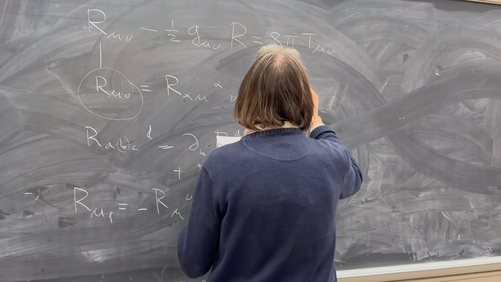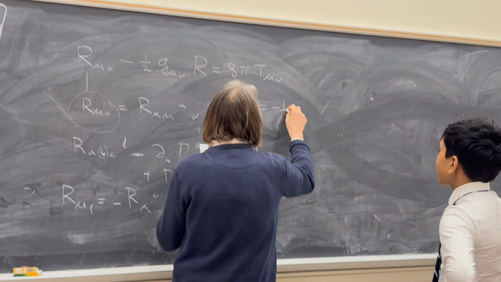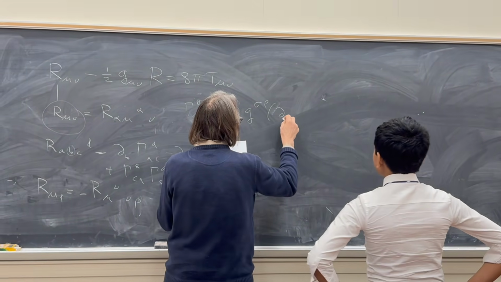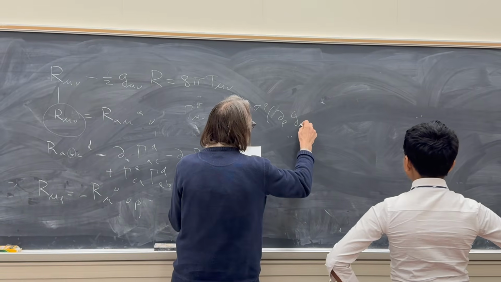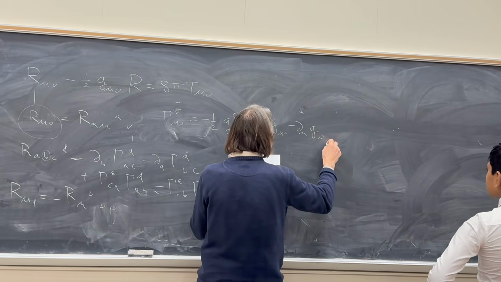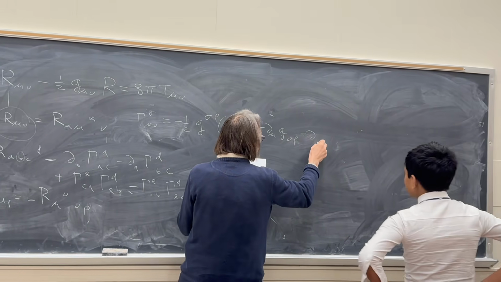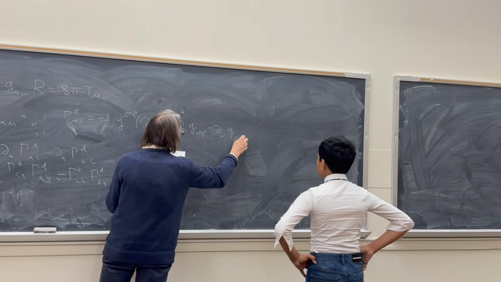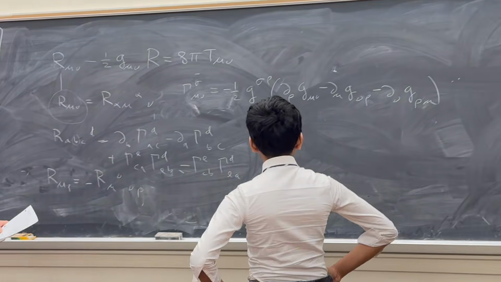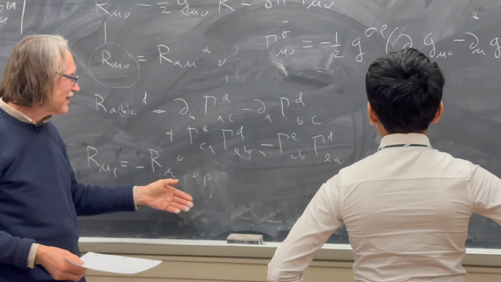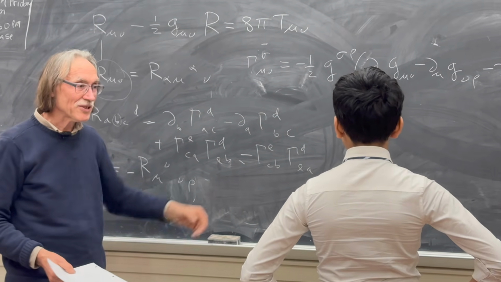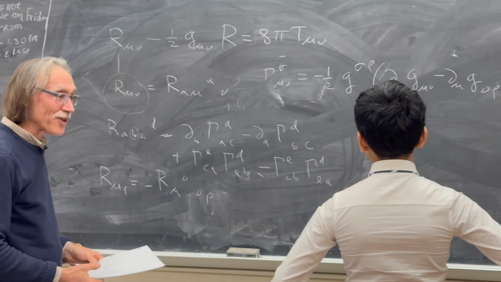Gamma^sigma_mu nu is minus 1/2, this is the metric tensor, g^sigma rho times d_rho g_mu nu minus d_mu g_nu rho minus d_nu g_rho mu. So it's also a complicated thing. It has 3 terms, so that means 3 terms, 9 terms, 9 terms, that is 18 plus 6 is 24 terms.